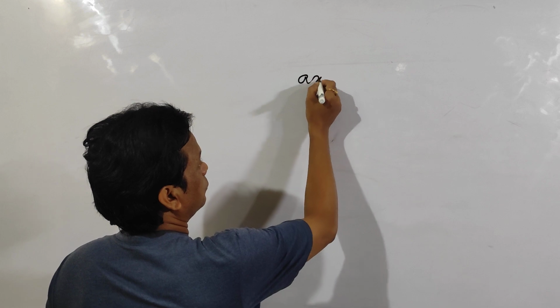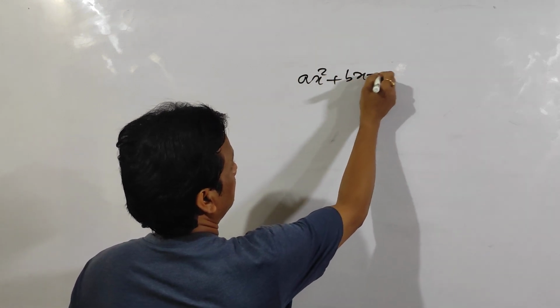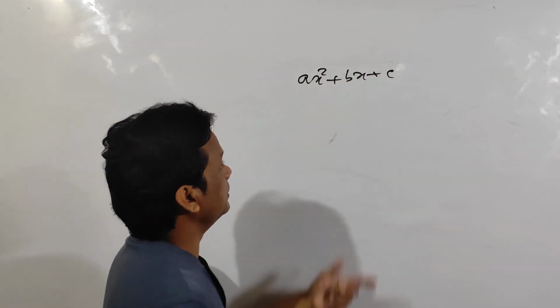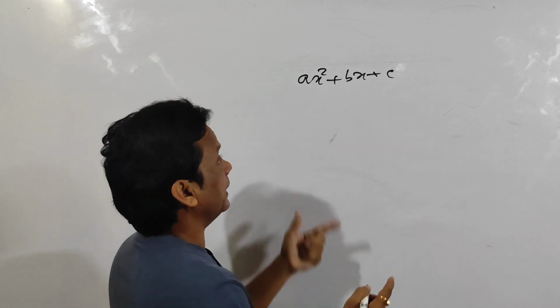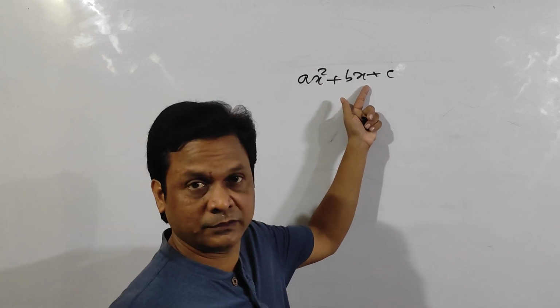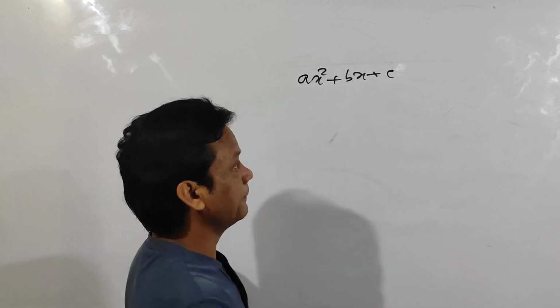Okay. So I want to tell you what is the meaning of quadratic inequation. See here, ax square plus bx plus c. This is the quadratic expression in x, because here the variable is x.